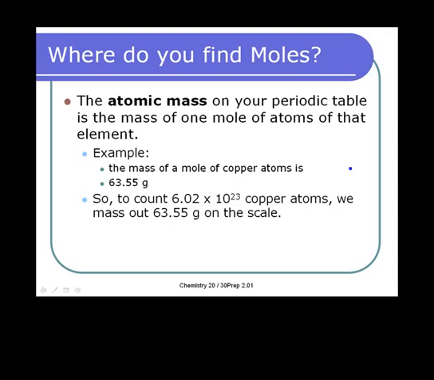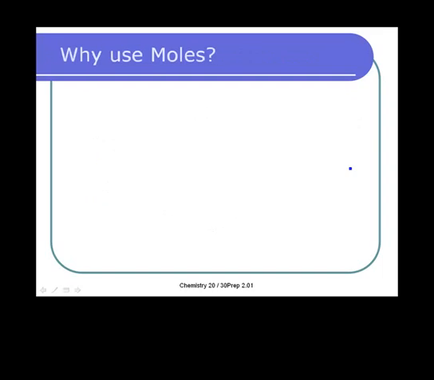What this means is that if you were able to count out 6.02 times 10 to the 23rd copper atoms, you would have a mass that equals 63.55 grams on a scale. Or if you put onto a scale 63.55 grams exactly of pure copper, you would have 1 mole of copper atoms, or 6.02 times 10 to the 23rd atoms. So this is called molar mass.